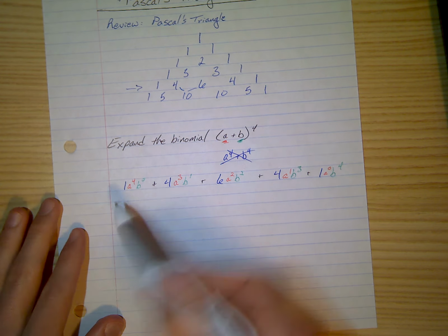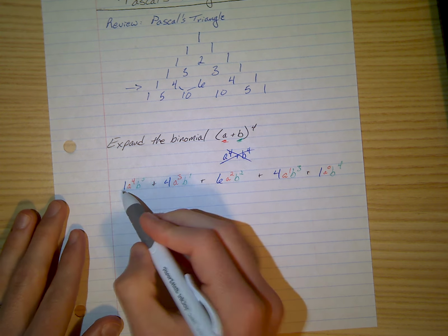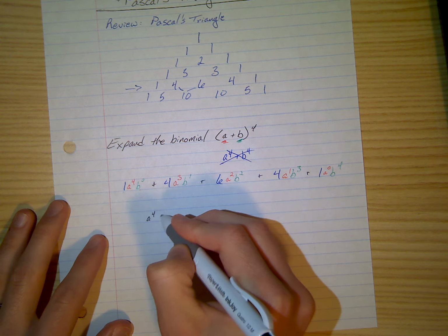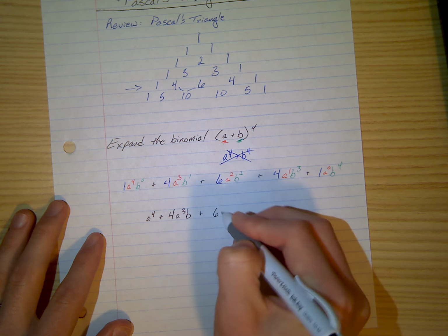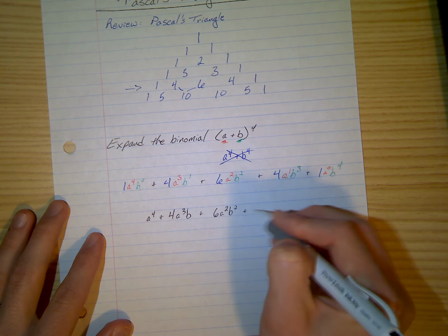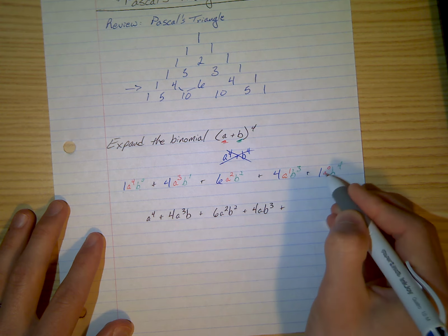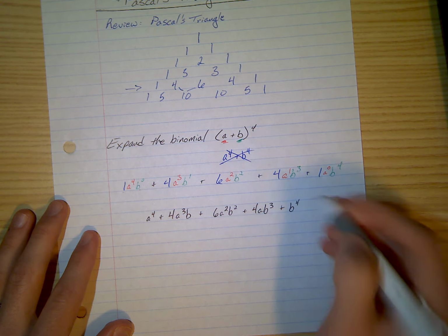So then just to simplify it, anything to the 0 power is just a 1. So you have 1 times a to the fourth, which is just a to the fourth, plus 4a cubed b, plus 6a squared b squared, plus 4ab cubed. And then again, b to the 0 is just 1, so 1 times b to the fourth is just b to the fourth.